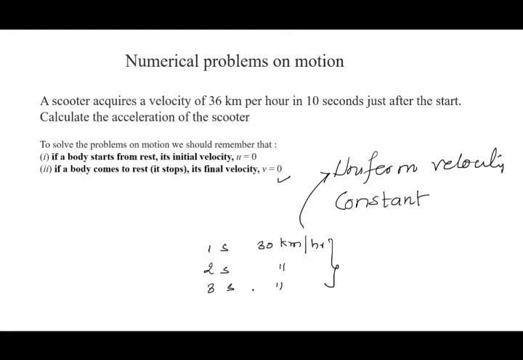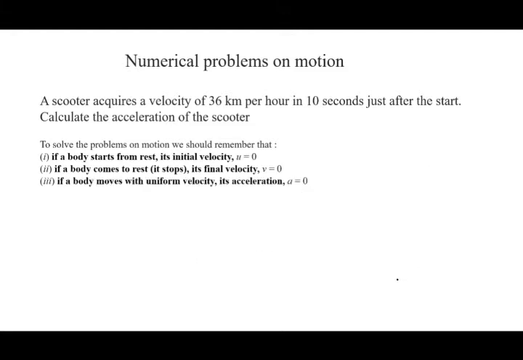That means there is no change in the velocity, and when there is no change in the velocity, the acceleration will be 0. Zero acceleration, because we all know that acceleration is due to change in velocity. Velocity may decrease or increase, right?